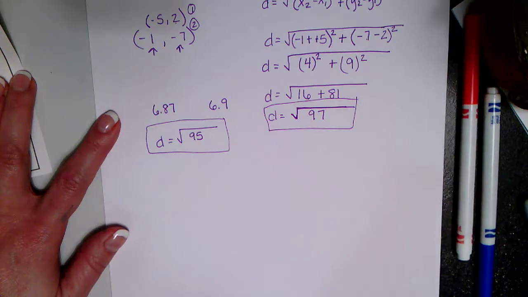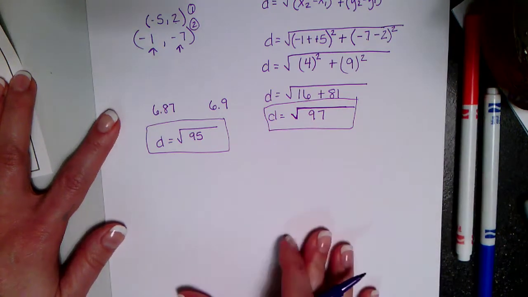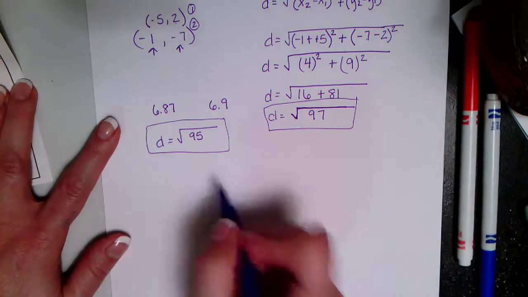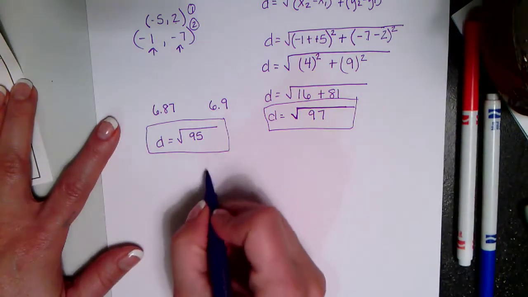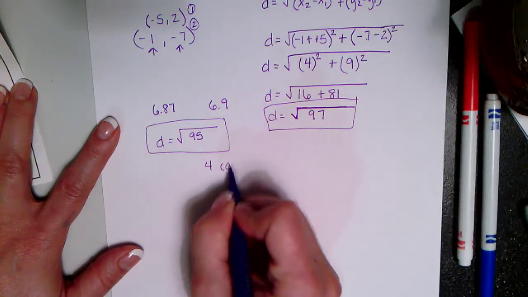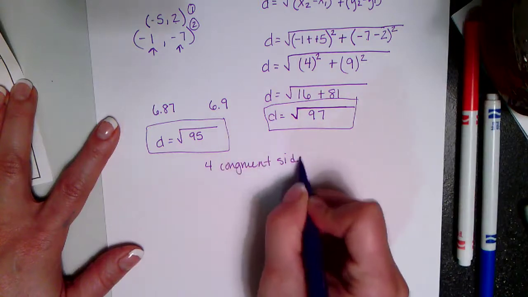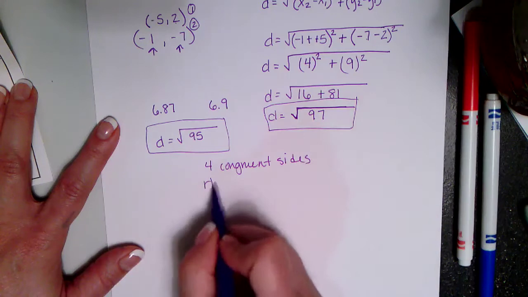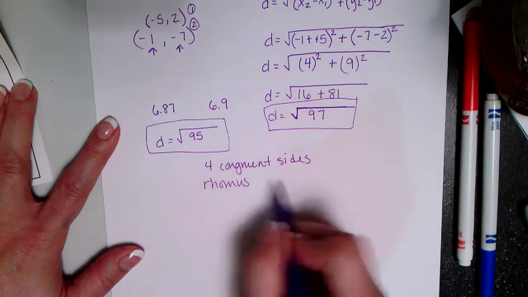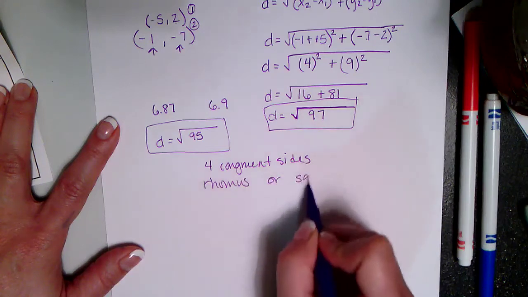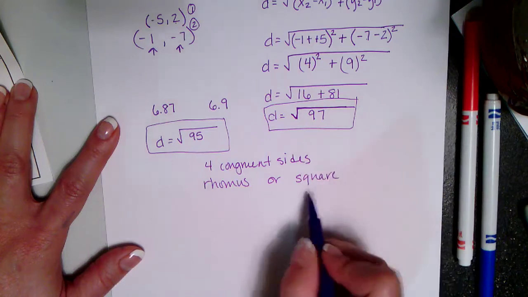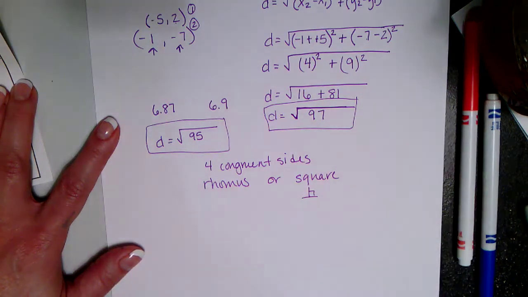So you would use the distance formula. The reason why the distance formula is important is because if I have 4 congruent sides, I could have a rhombus, or I could have a square. The difference, of course, is that a square has 4 90-degree angles and a rhombus does not.